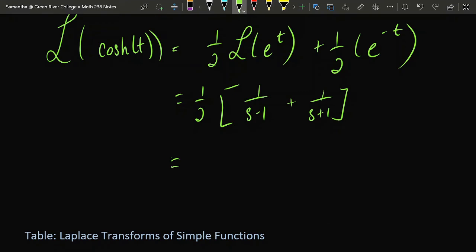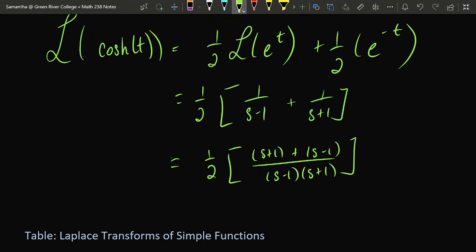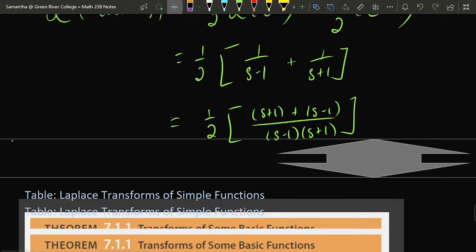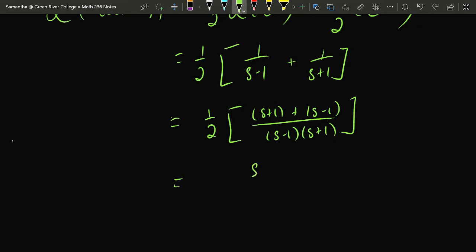So this simplified would be equal to 1/2 times s plus 1 plus s minus 1 divided by s minus 1 times s plus 1, which after simplification becomes s divided by s squared minus 1 squared.